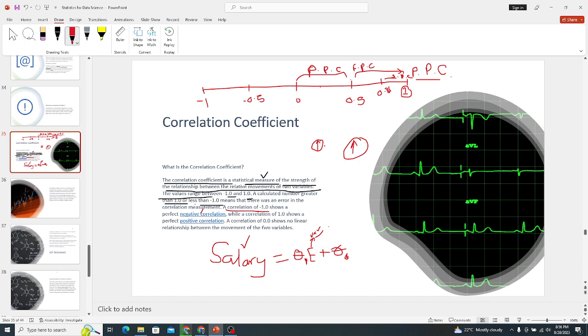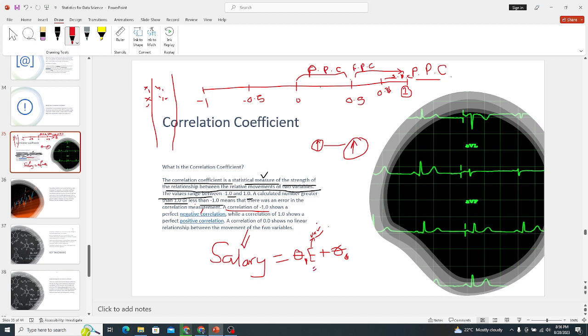In case you try to find or calculate, given that you are now given data for salary and data for age in terms of experience, that is, you have x1, x2, x3, and y1, y2, where y is salary and x is the experience.